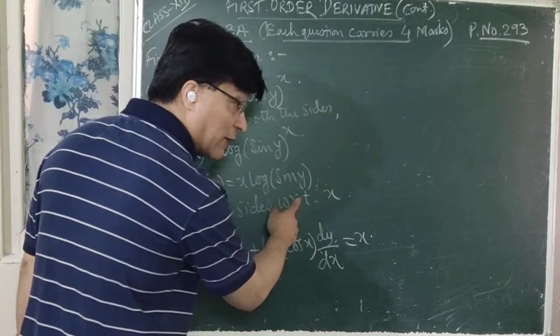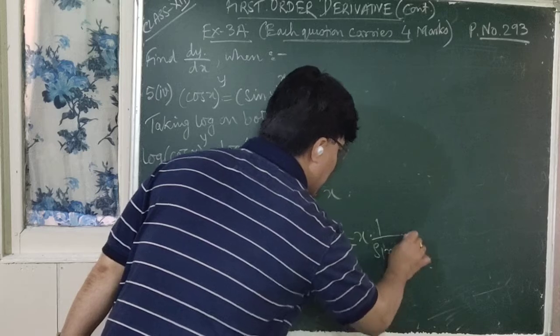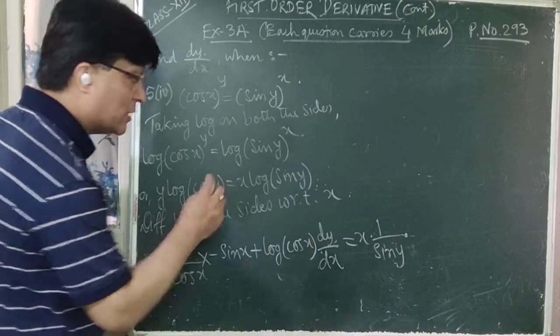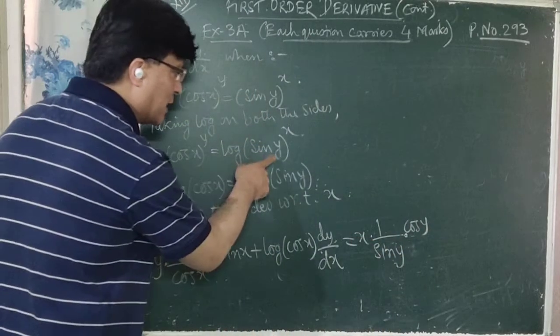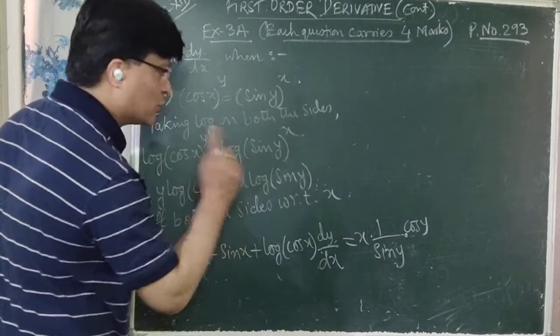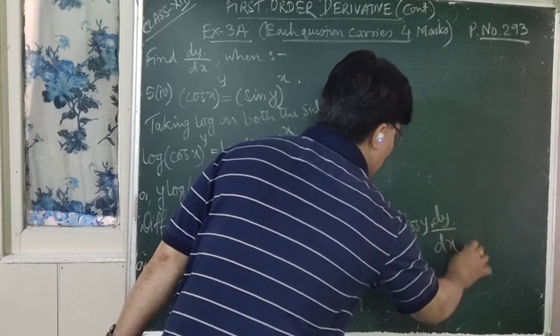It is just like log x, 1 upon x. Here it is 1 upon sin y into, again differentiate sin y with respect to x. First of all it is cos y. Now y is taken as x here, so this should be differentiated with respect to x. So it is dy by dx.